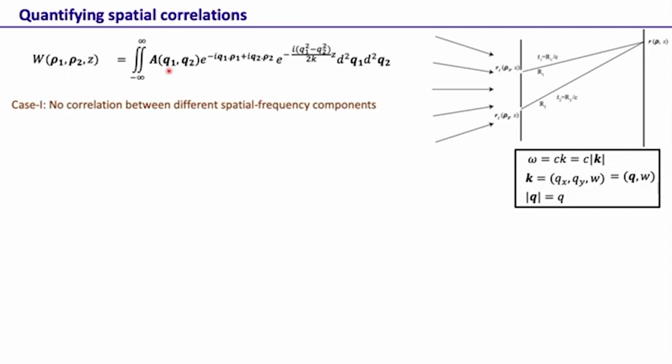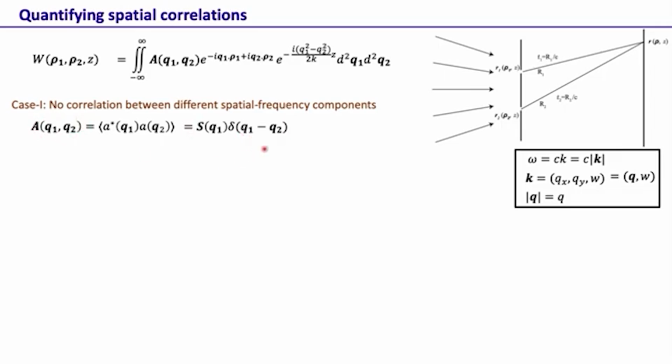So we can have the classification based on this. The first case we often encounter is when there is no correlation between different spatial frequency components. That means this angular correlation function, which is defined as an ensemble average of A star q1 A q2, can be written as S(q1) times delta(q1 minus q2), where S(q1) is some spectral density. So this means if q1 is equal to q2, then only there is some contribution.